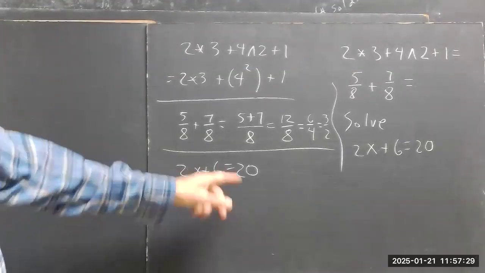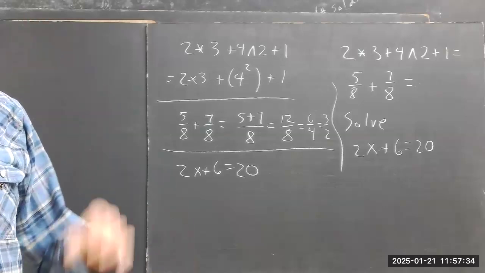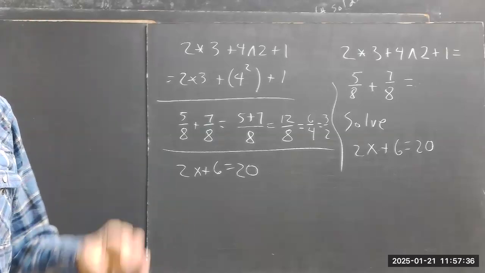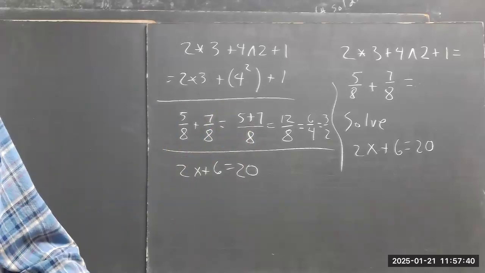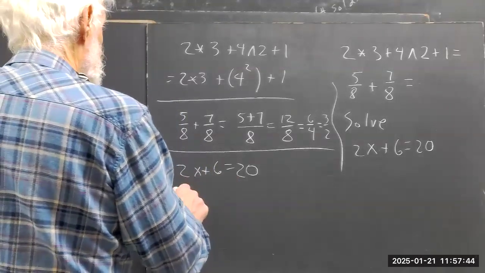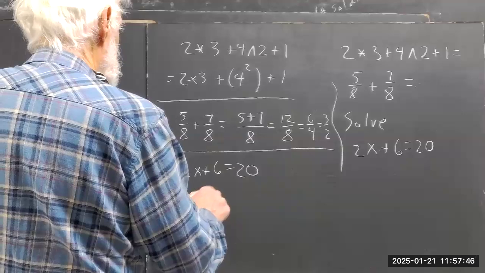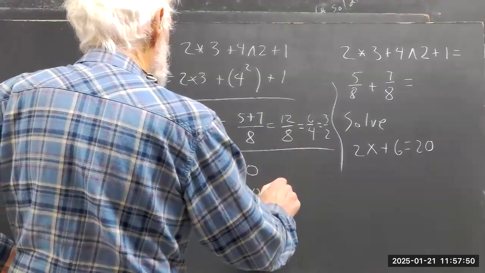Now, what are your rules for equations? You can add the same thing to both sides, you subtract the same thing from both sides, you multiply by the same thing, and divide both sides by the same thing, right? So we do it. And in order to get x, we've got 2x plus 6 equals 20. We subtract 6.